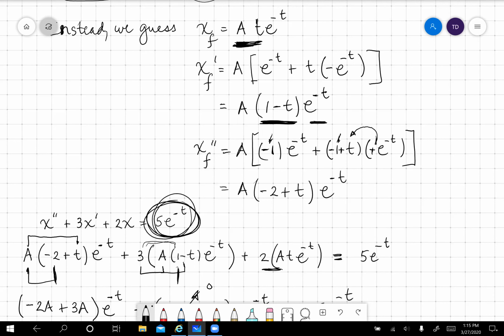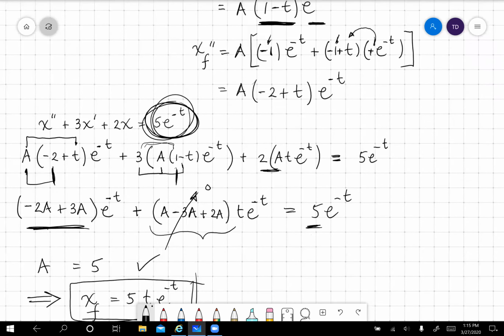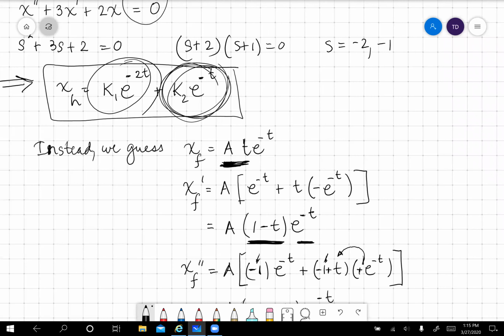What other term could have been a problem, different than an e to the minus t term? Hint, what else will be excitation at a natural frequency? What else is in the natural response?